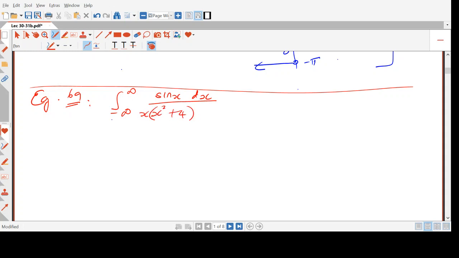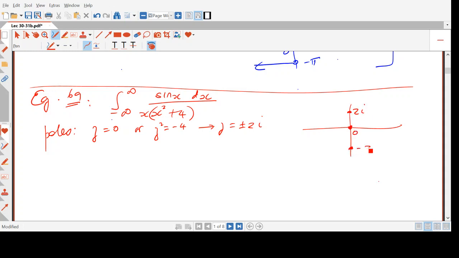You can see clearly that this has poles at z equals 0 or z squared equals minus 4, whence you get z equals plus or minus 2i. If you plot that, the poles are 2i, 0, and minus 2i. Surround this by a semicircle contour, and there are only two points that are in the game.